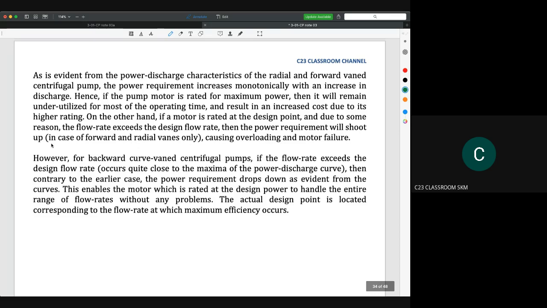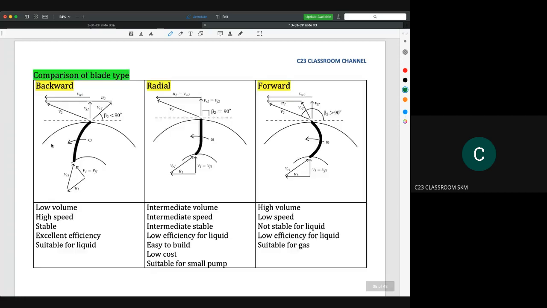Okay, you could read this. I think almost all of this was explained in my explanation just now. So what I want to say here is the comparison of blade type.